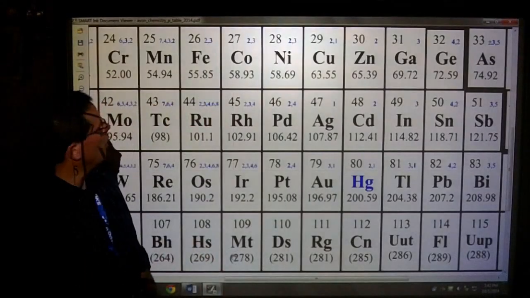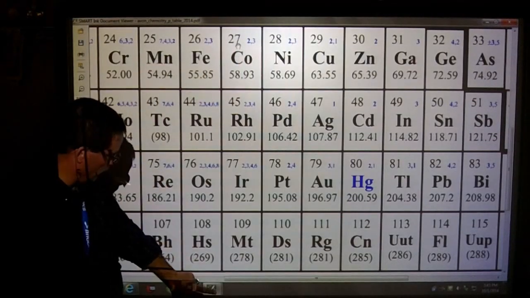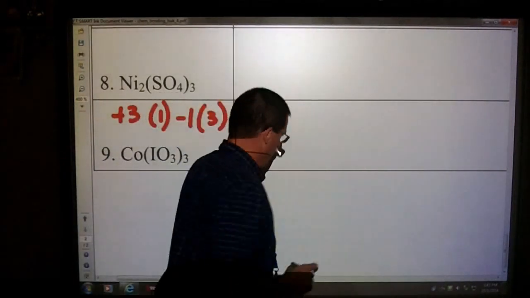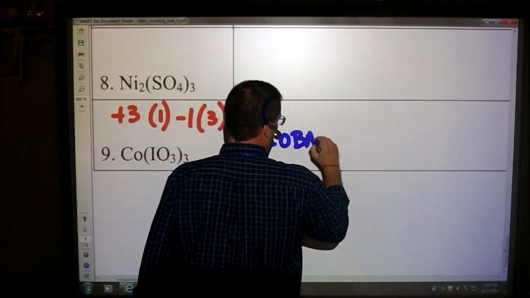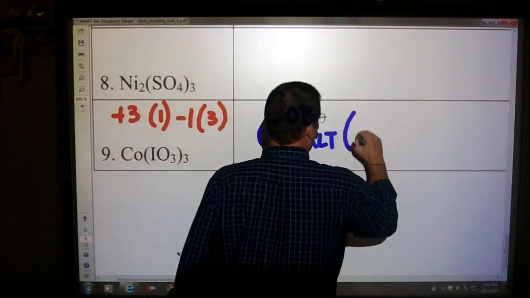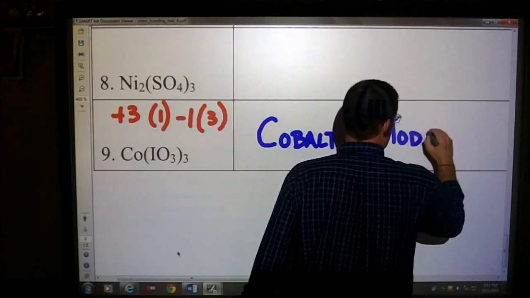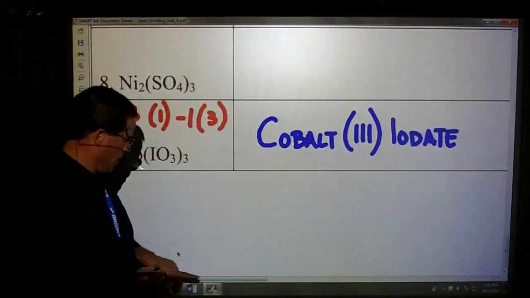Cobalt can either be a 2 or a 3, so that fits our +3. So we write it out as cobalt, Roman numeral 3, and that's iodate. Cobalt, Roman numeral 3, iodate.